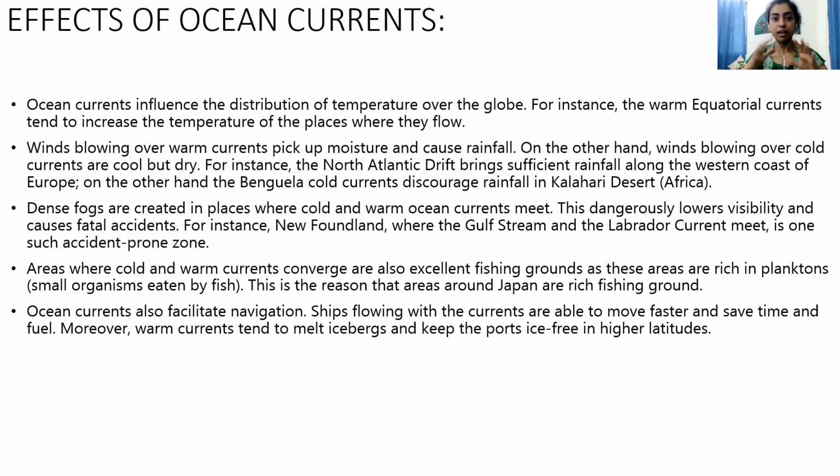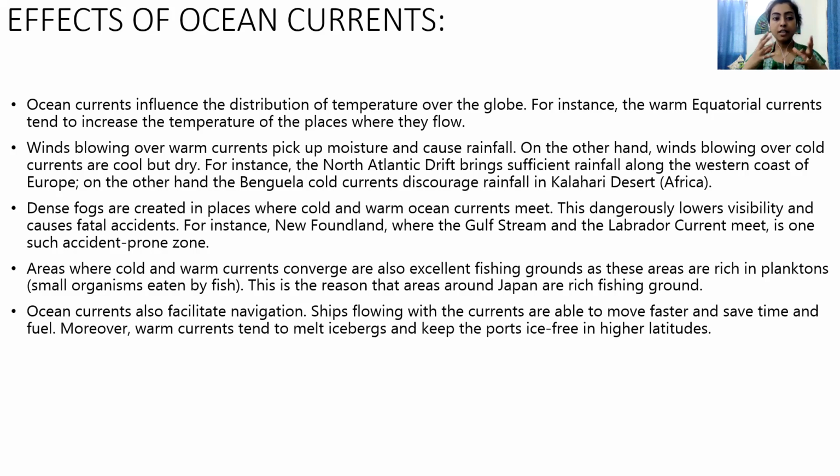If you're traveling and there is a lot of fog, you cannot see the road in front of you. For example, Newfoundland is one, where the Gulf Stream and the Labrador Current both meet, and that is a much accident-prone zone because of the dense fog it creates.